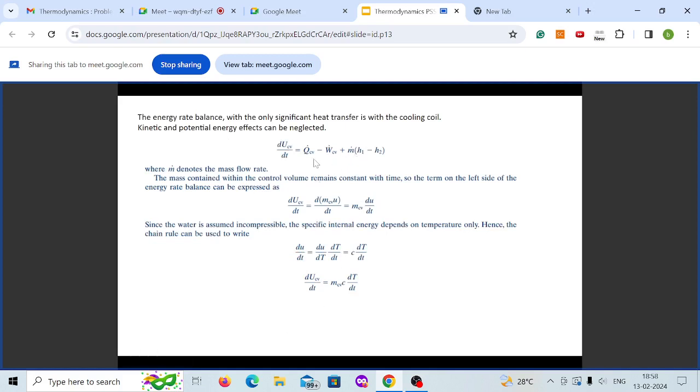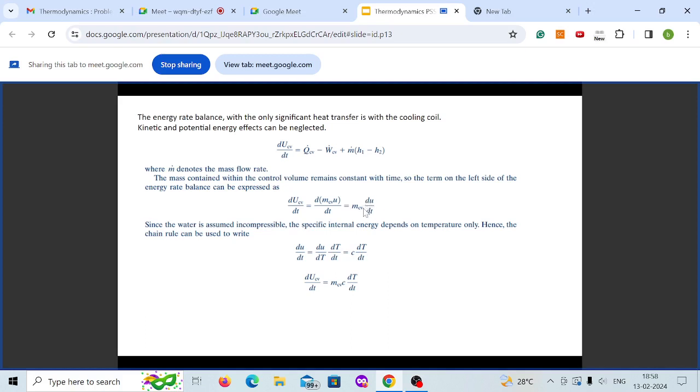Now we can express dU_CV by dt. U is nothing but mass into specific internal energy, so it is m_CV into du by dt.